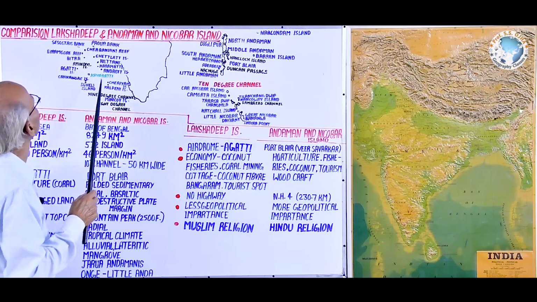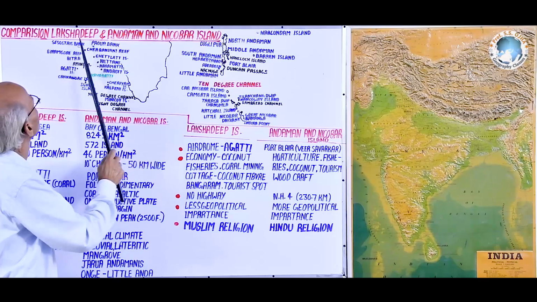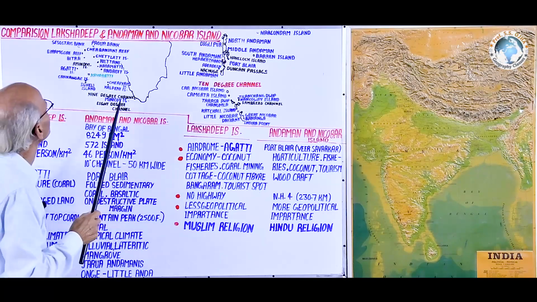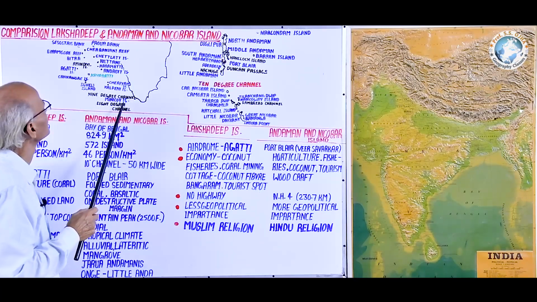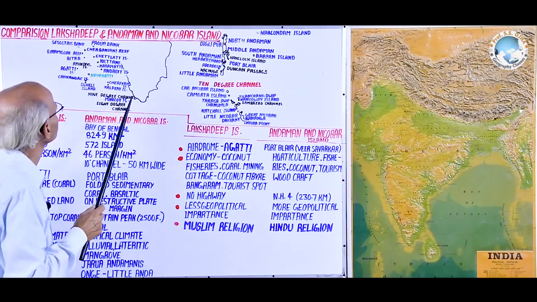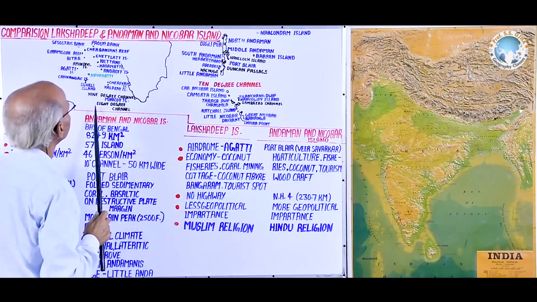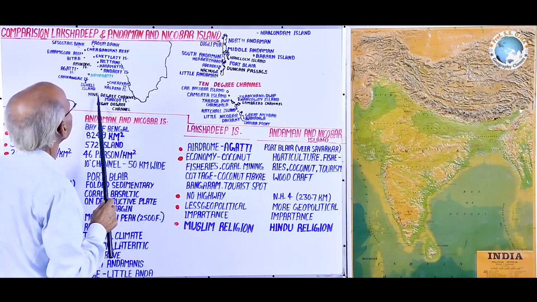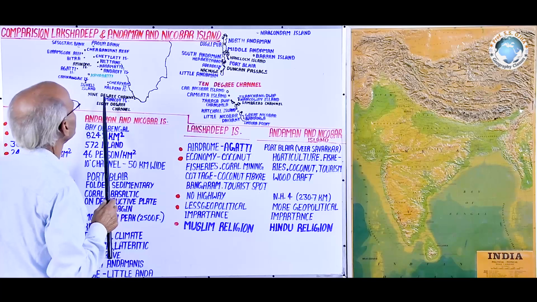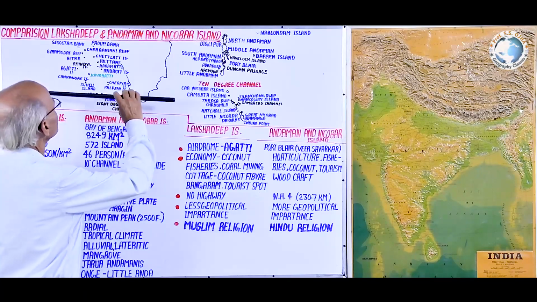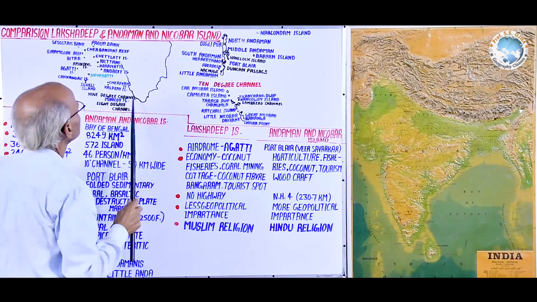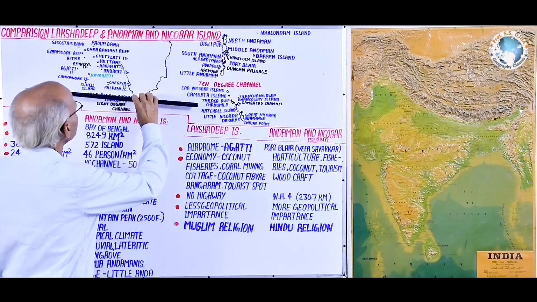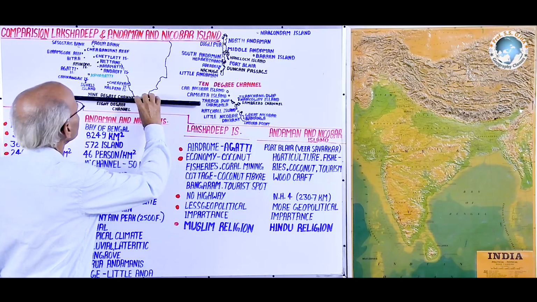Thus there are two lines, one line east, one line west, and these are mostly made up of corals. And to its south it is the 9-degree channel, because here it is the 8-degree channel and here it is the 9-degree channel, located on the 9-degree north latitude and 8-degree north latitude. Here Kanyakumari is located at 8 degrees 4 minutes north latitude.